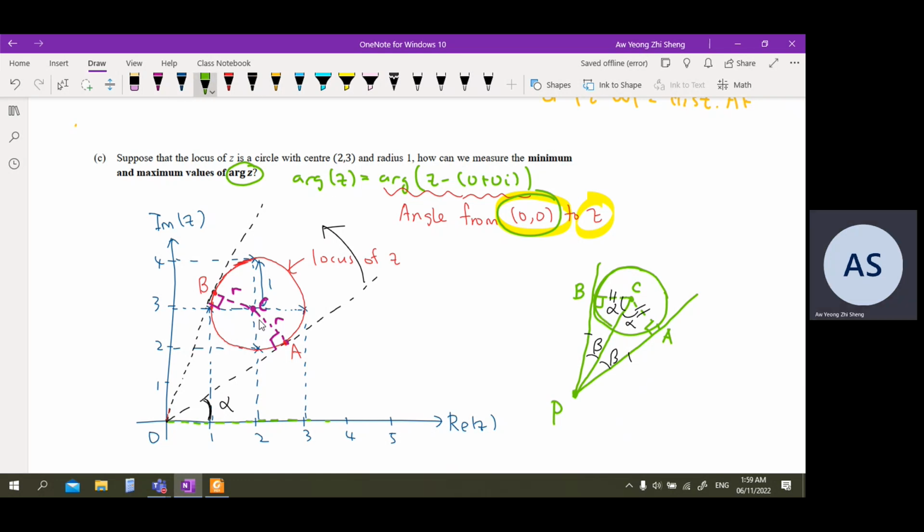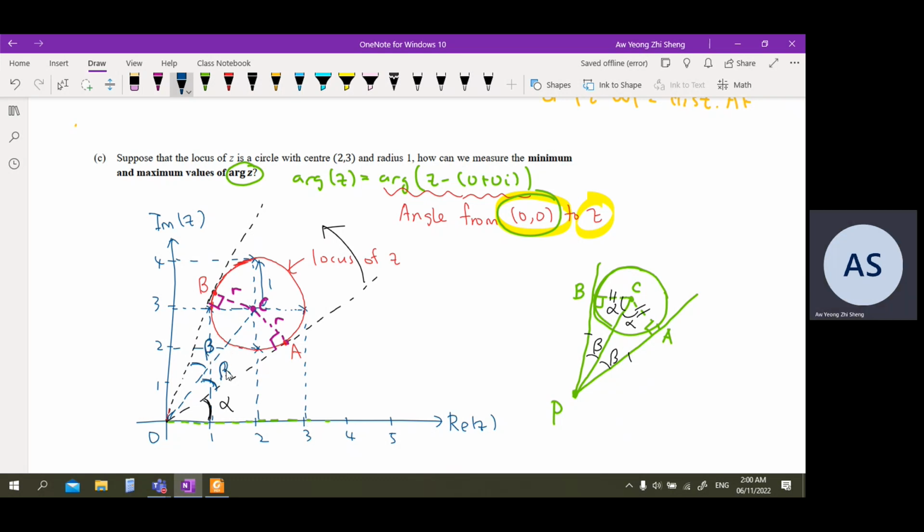Right, so let's go back to this diagram here. Now in my Argand diagram, my OBC and OAC are congruent triangles, so I can expect this angle and this angle to be the same beta.